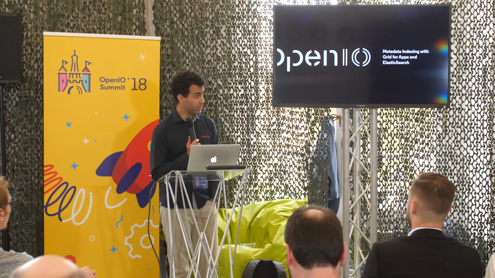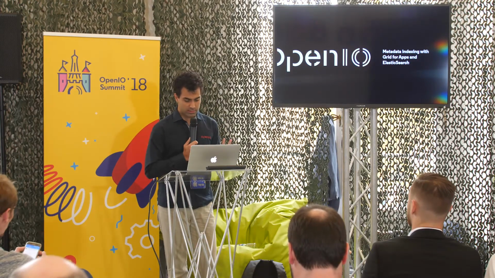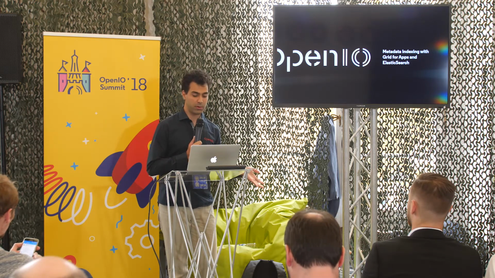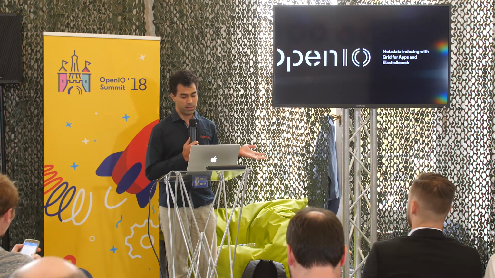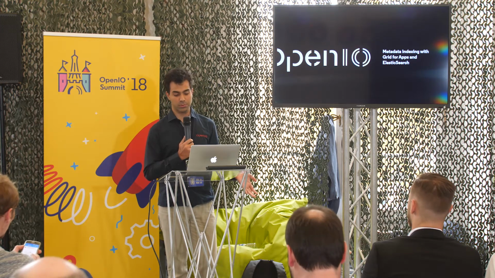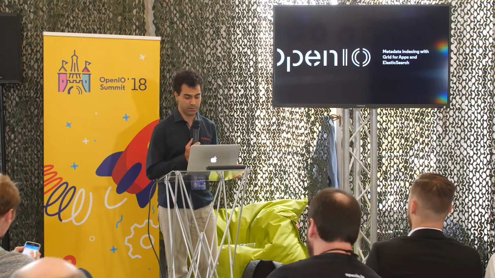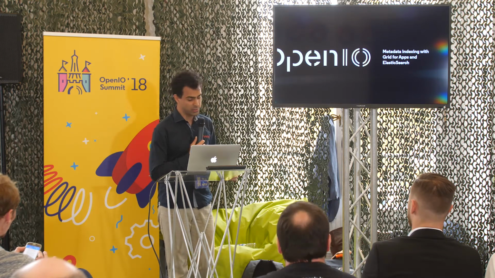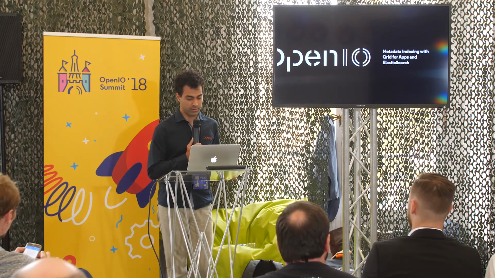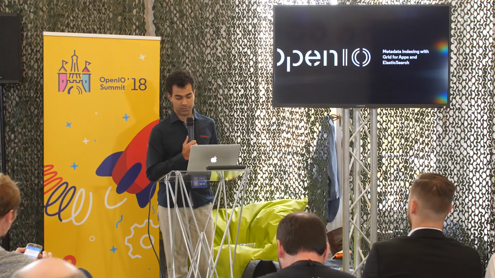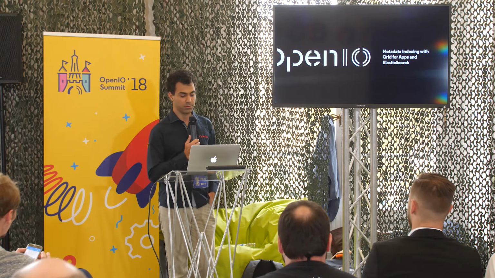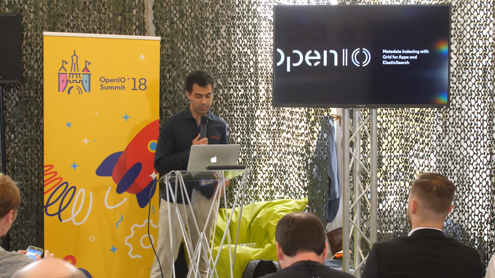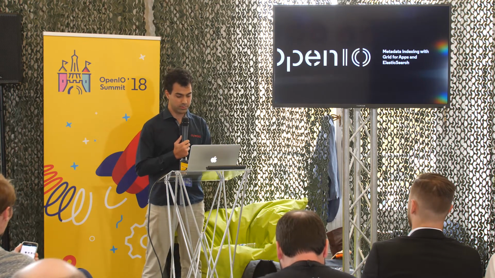In this session, I will present what Grid for Apps is and how we use it to do indexing of metadata in OpenIO, and especially how you can benefit from such a feature inside your OpenIO cluster, and how easy it is to use.